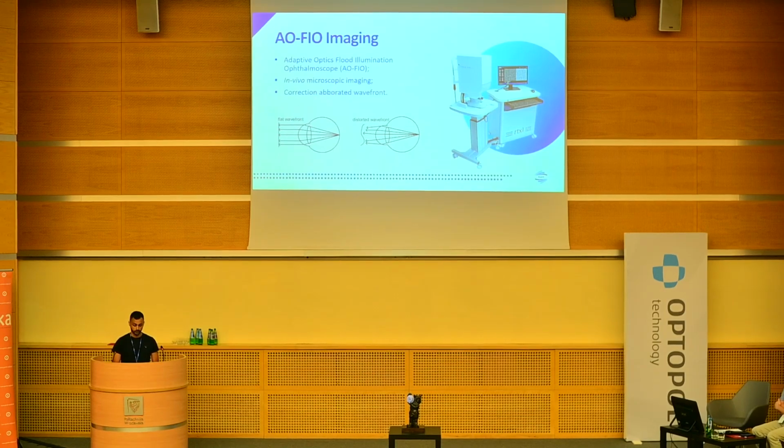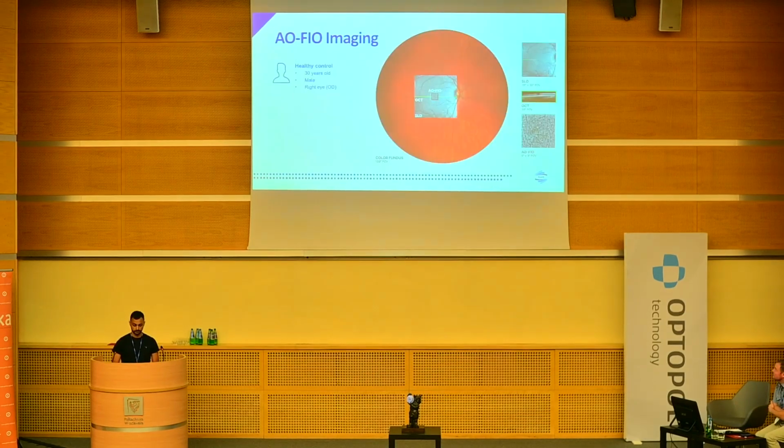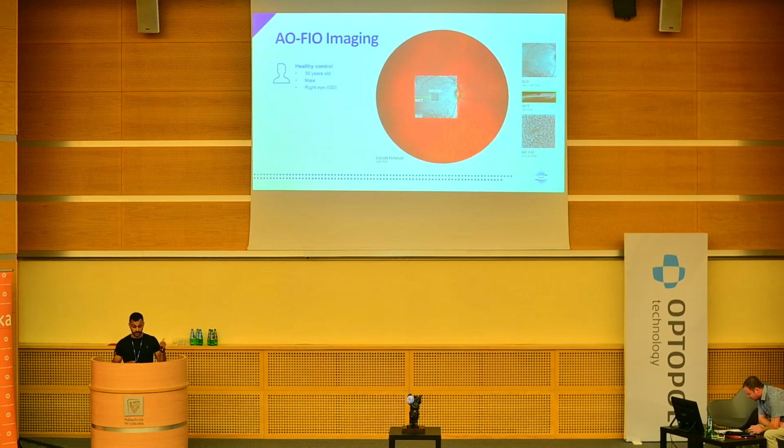So when we get an image with this camera, it looks like here at the center. It looks very small, it's 4 by 4 degrees, so you can see how it compares with the SLO image, which is 30 by 30, or even with the wide field color fundus image, which is, in this case, 133 degrees.